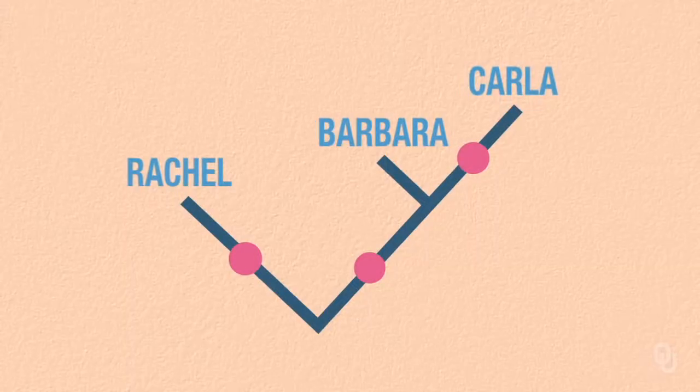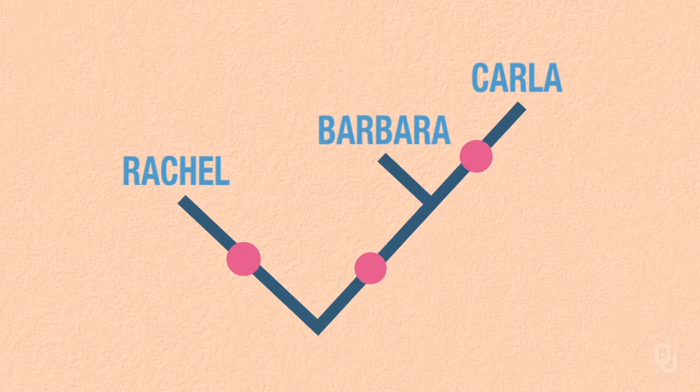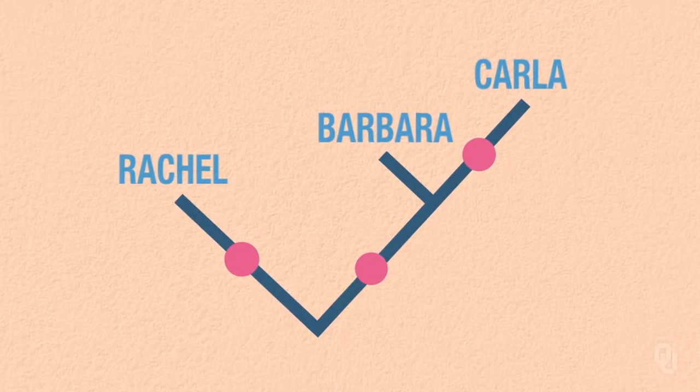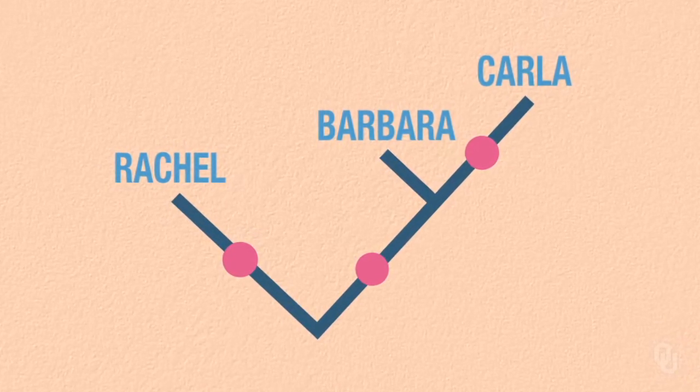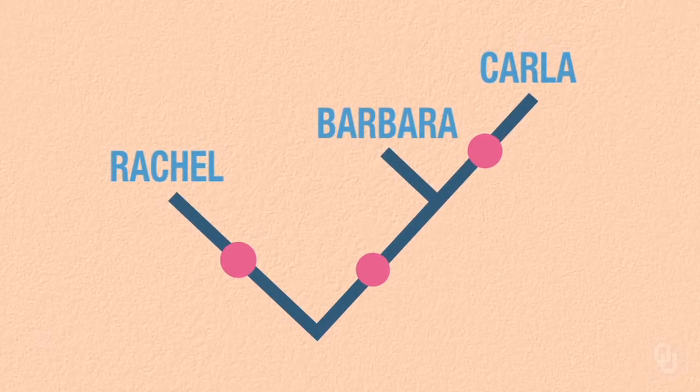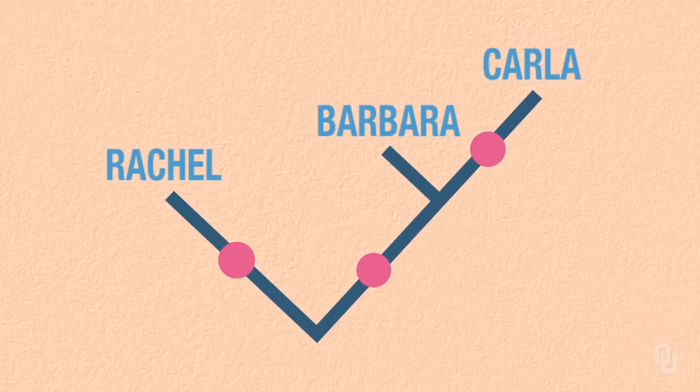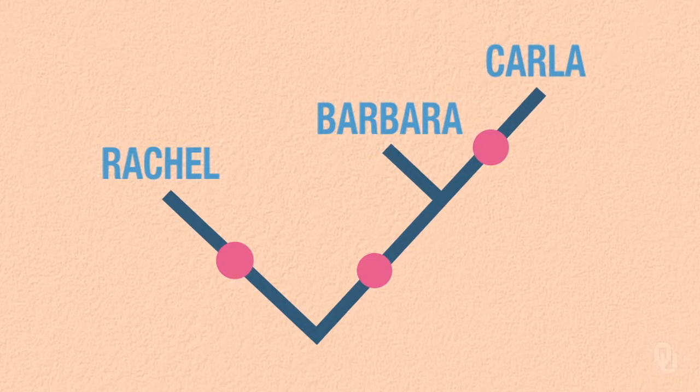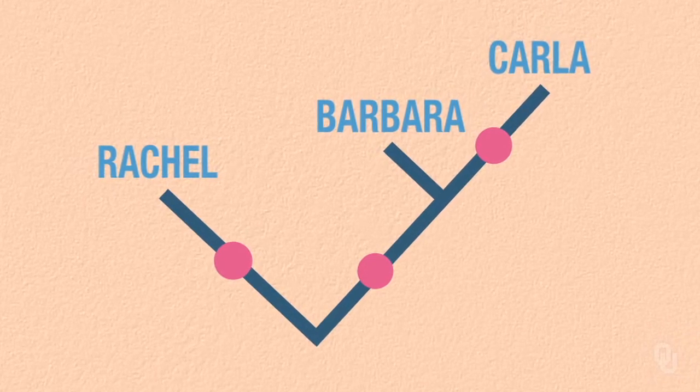Even after adding branch lengths, the overall topology still remains the same. That is, we still see that Barbara and Carla share a common ancestor before either do to Rachel. But we also see that sometime after Barbara and Carla's common ancestor, an additional mutation occurred in Carla's lineage, leading to a longer branch length.